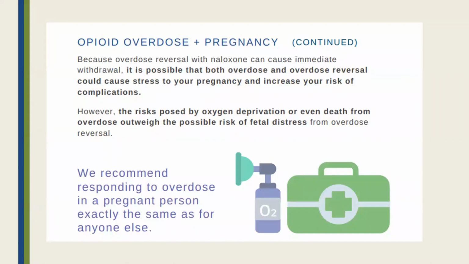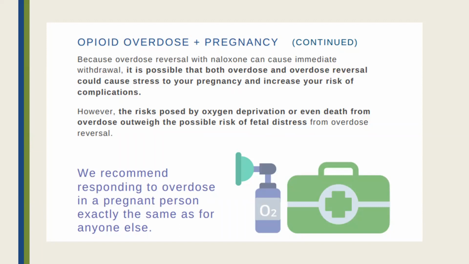Right now, the recommendation is that we use naloxone with a pregnant person in the exact same way we would use naloxone for anyone else. So there is a chance that the overdose and the overdose reversal could cause stress to the pregnancy, could increase risk of complications.